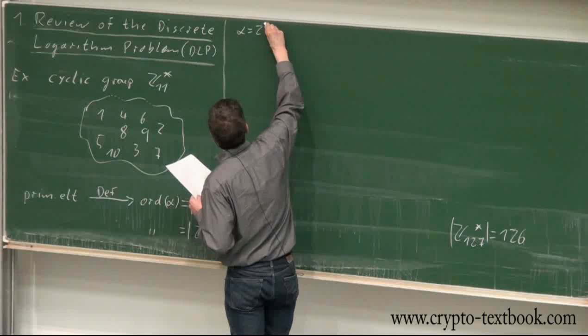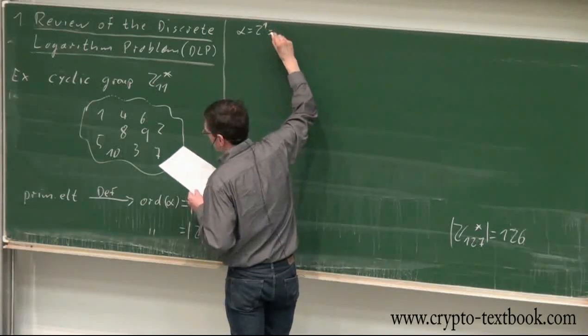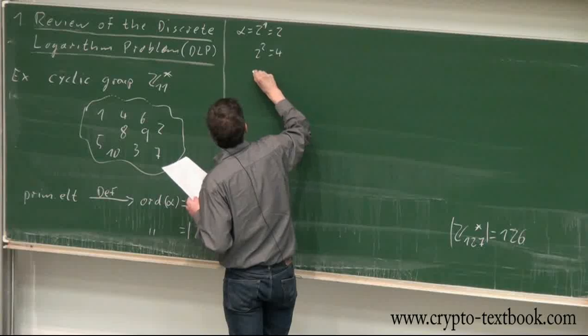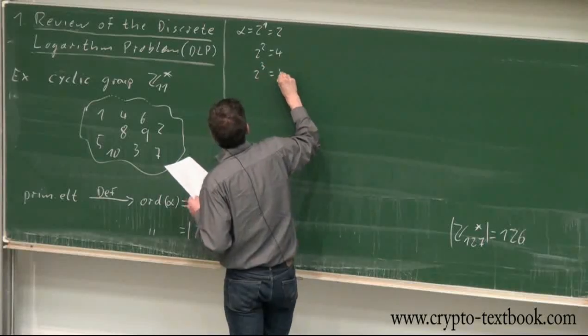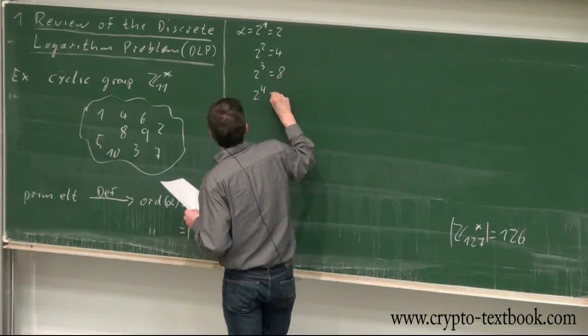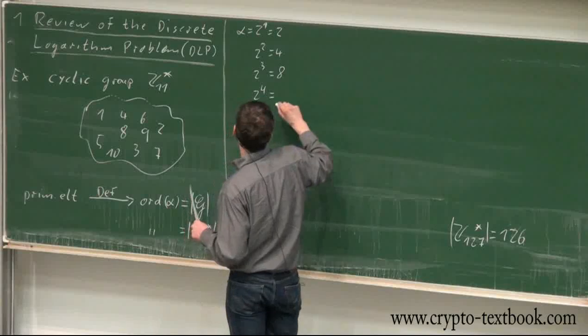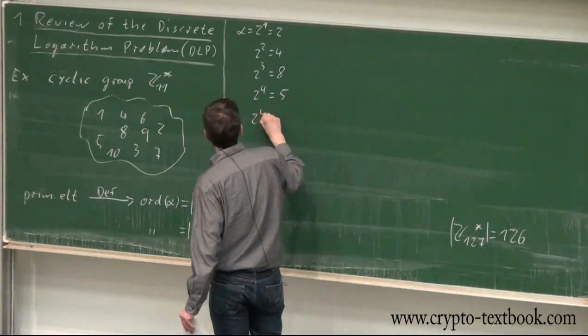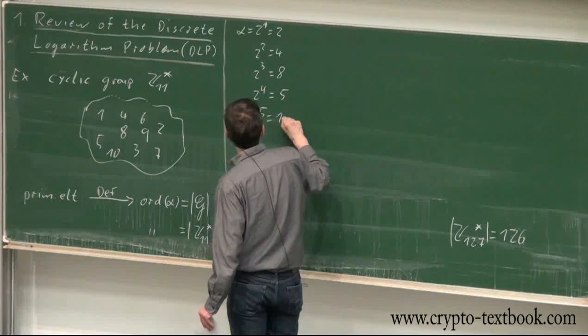And so we look at 2 raised to the first power, you get 2. 2 squared, you get 4. 2 cubed, you get 8. 2 to the 4th, you get 16, modulo 11, you get 5. That's right. 2 to the 5th is 10.